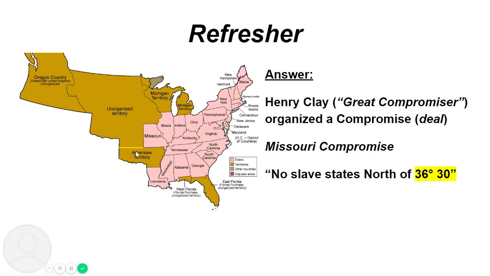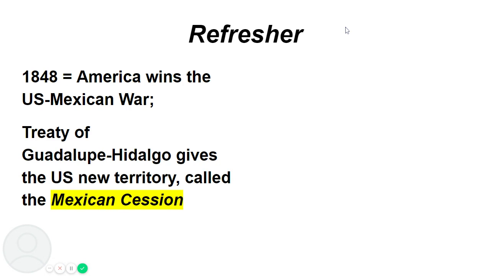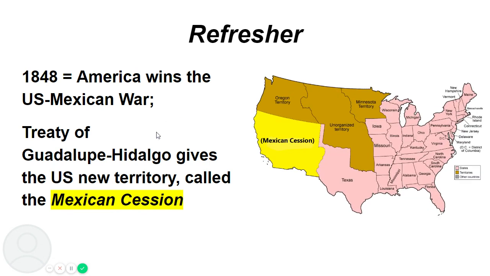So as you can see, this was a pretty good deal for the free states. This was a good deal for the anti-slavery people because we now have three more slave states, along with another 10 or 12 free states. However, this happens again in 1848. America won the U.S.-Mexican War, and the Treaty of Guadalupe Hidalgo gave the U.S. a new group of territory called the Mexican Cession.